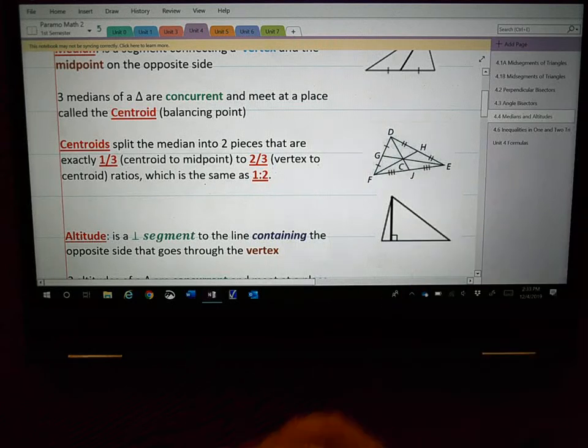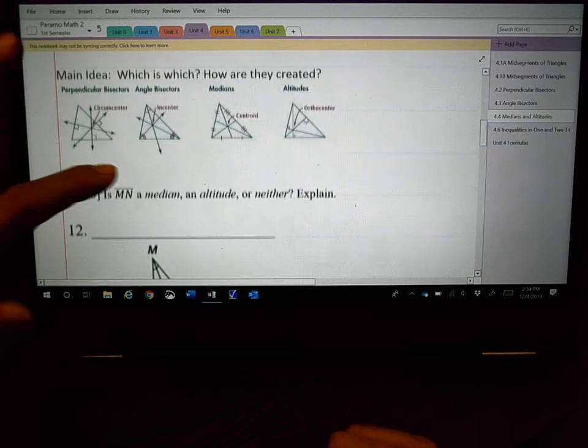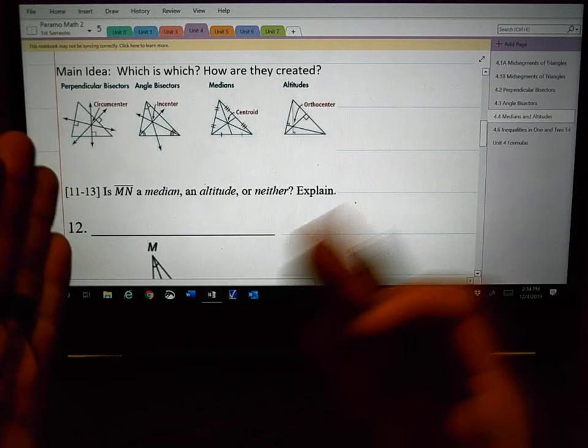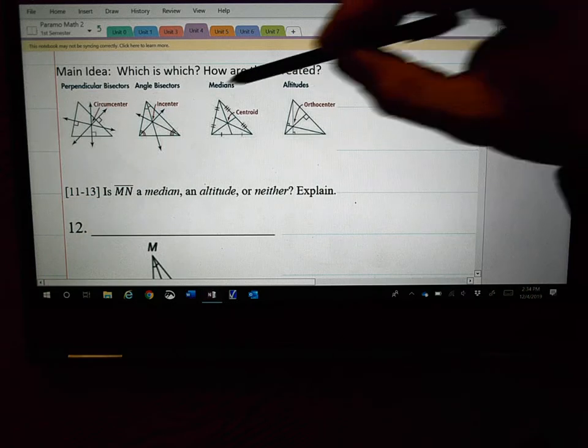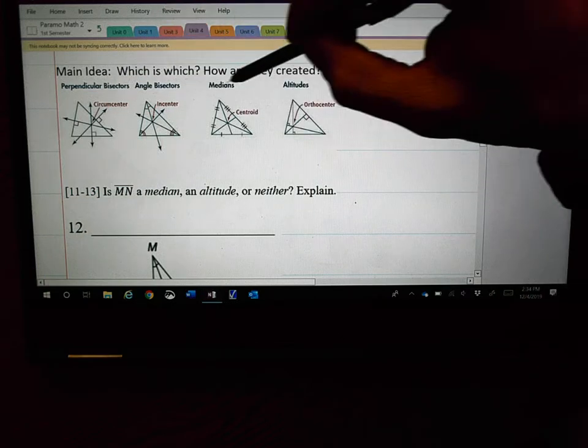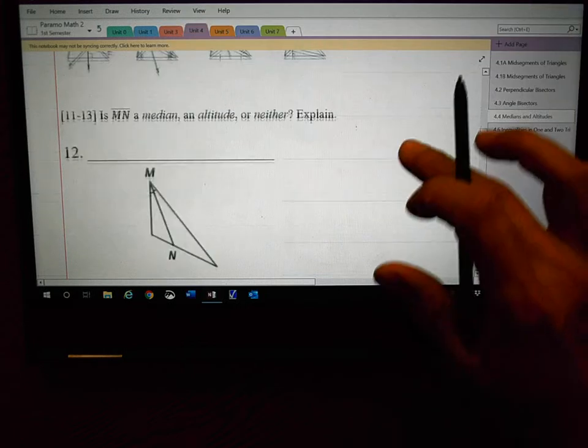We could do a variety of problems where we give you one part and ask you to find the other two. That's what we did back then. And then we really had to know, what were these called? What were they created by? We had to know not only what they were called, the lines that created them, we had to know what their names were too on the inside.